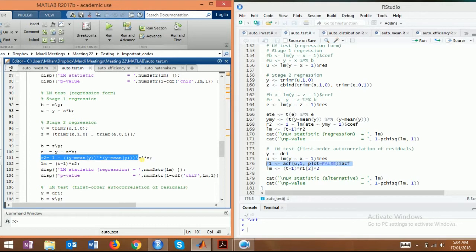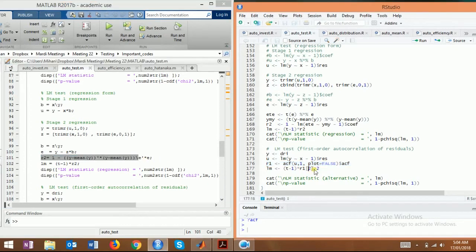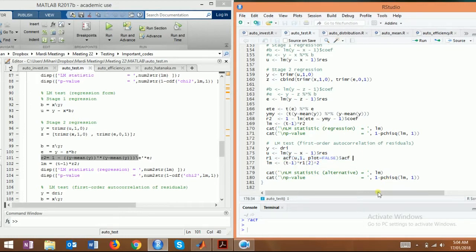We needed to estimate the autocorrelation function and we needed to square it. So we are simply calling the autocorrelation function directly in R. With the plot off, we don't want to plot, and we want the autocorrelation function elements only. So you have R1 and we want the second element to be squared. That's all.